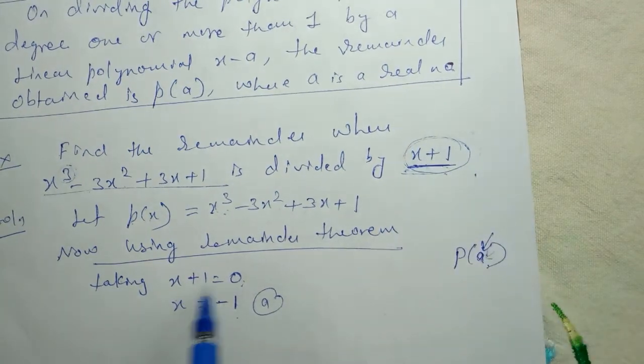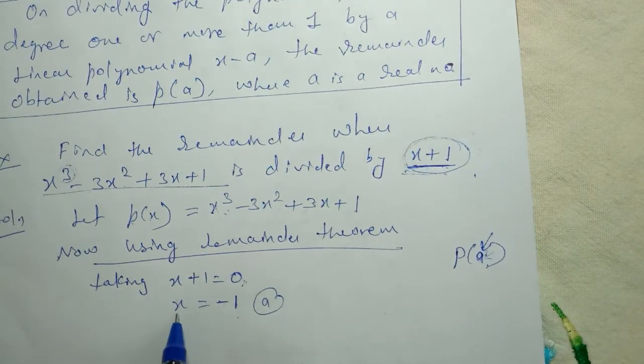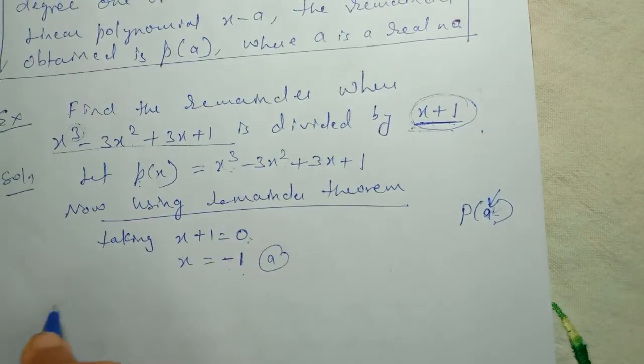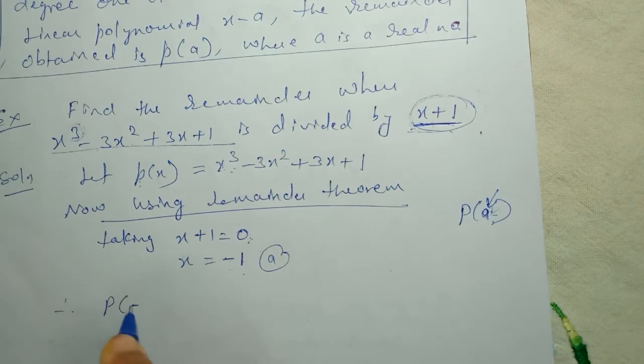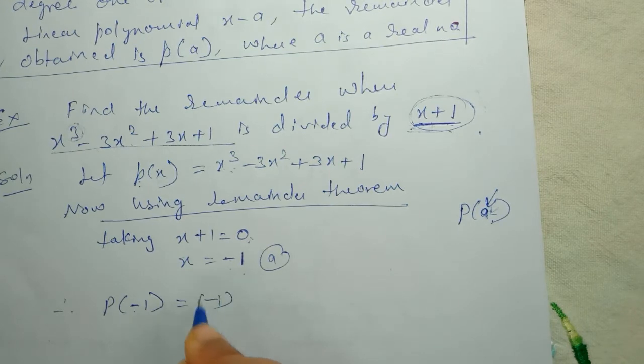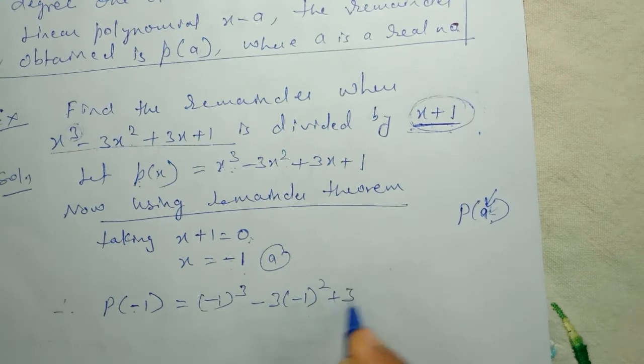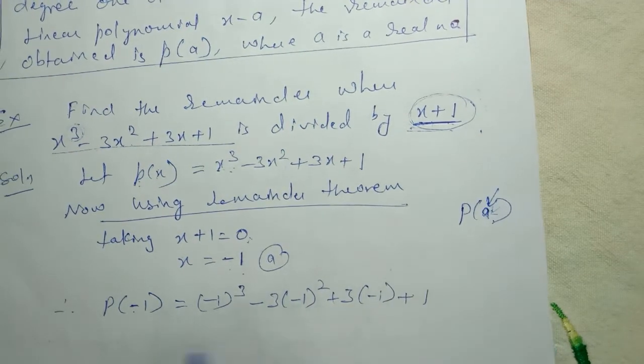In place of x we write -1 in this polynomial, and after calculation we'll get the remainder. Therefore p(-1) equals (-1) whole cube minus 3(-1) square plus 3(-1) plus 1, substituting -1 wherever we find x.